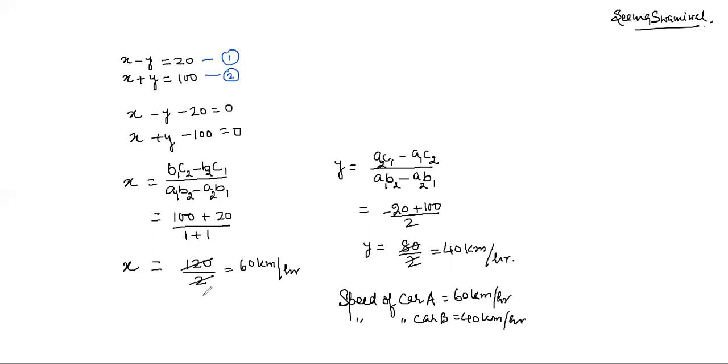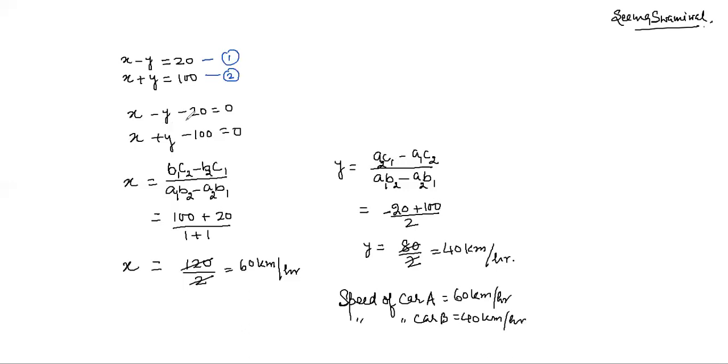This is 120 by 2, therefore 60 kilometers per hour. Write down the denominator here, because the denominators of x and y are both the same. So write down the denominator directly here. Now A2 C1. A2 means the coefficient of x in the second equation. A2 is 1.